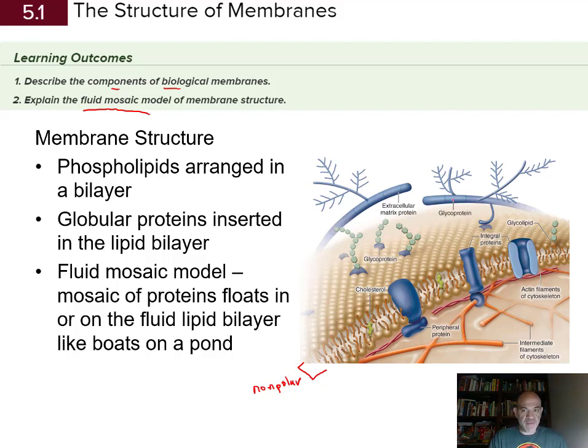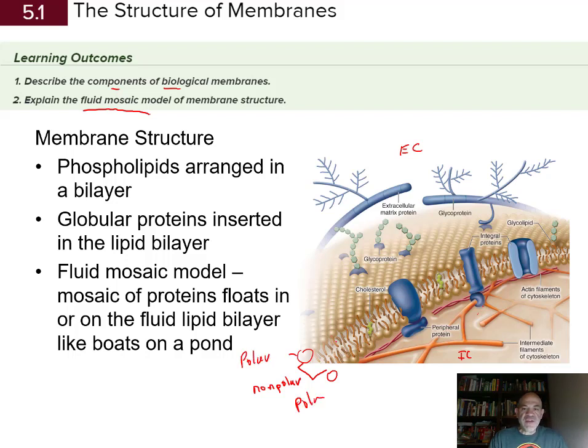You don't like water. And if you're outside the cell out here, so let's say we're extracellular here, and then here we're inside in the cytoplasm, and you're intracellular, and here it's a water-based environment. So it's a polar environment on either side. So these tails are kind of pushed inwards, and then the heads on the outside here, those are polar.